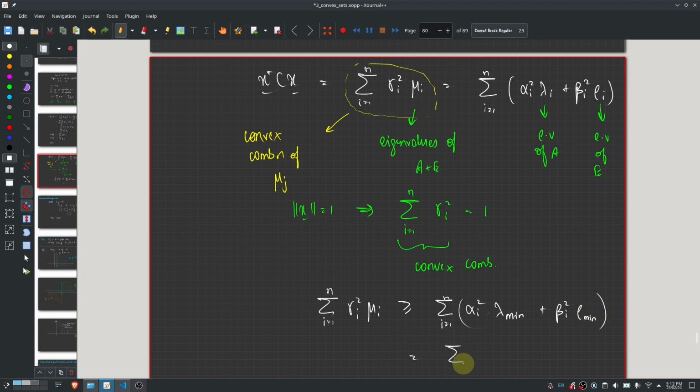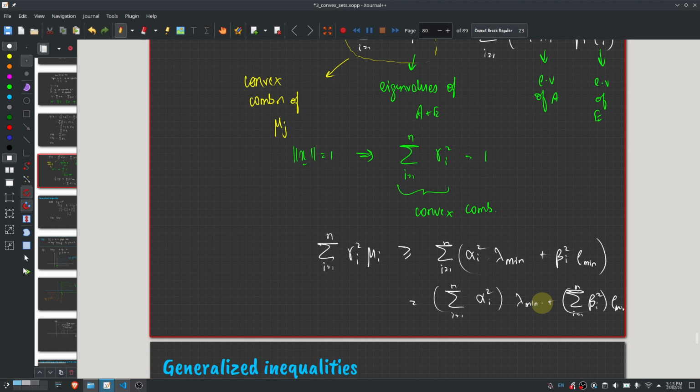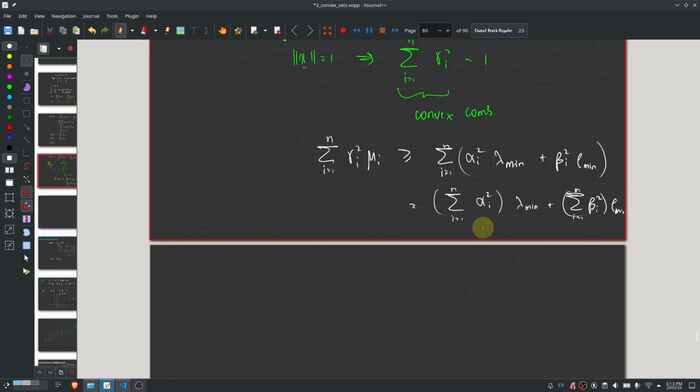This is equal to summation i equal to 1 to n alpha i square times lambda min plus summation i equal to 1 to n beta i square times rho min. But what do I know about summation alpha i square and summation beta i square?